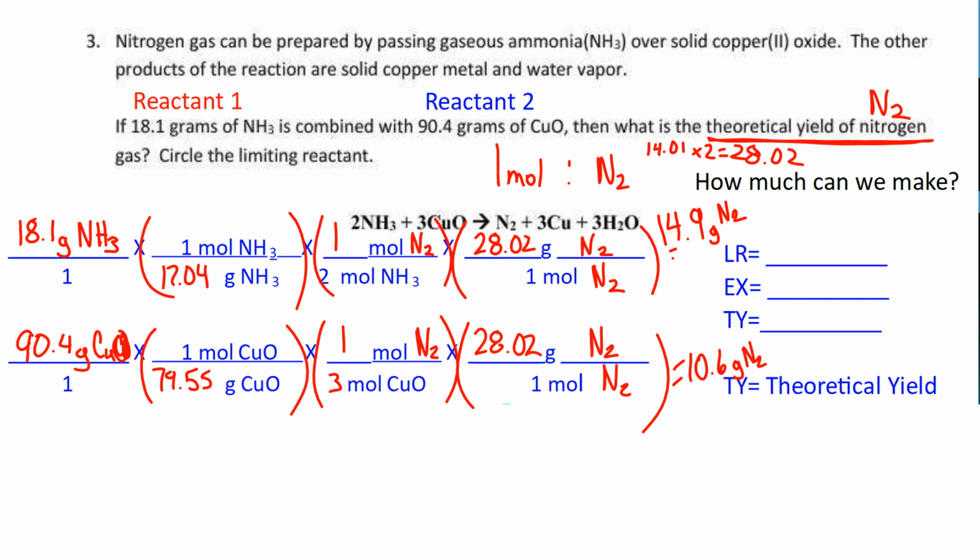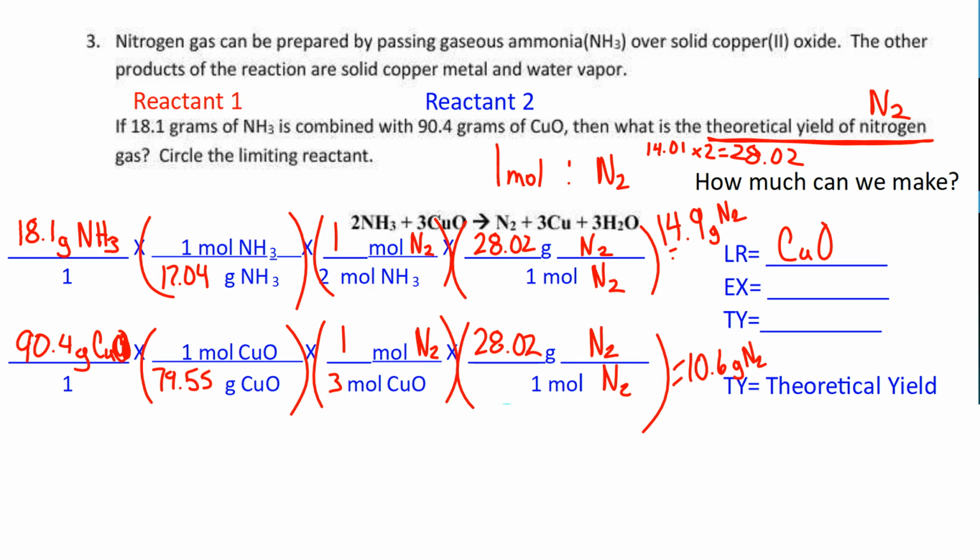All right. So, based off the information we get, which one of these is our limiting reactant? Which one's going to produce the least CuO, sorry. Even though CuO started off with a higher mass amount, it actually is going to produce the least whenever we react it.